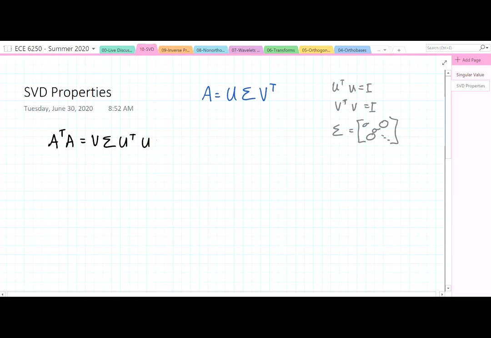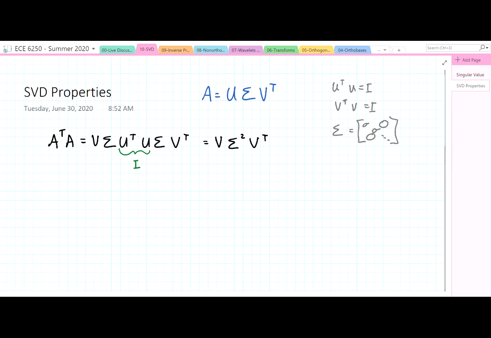And then multiply it by A, and this right here as we've already defined is going to be the identity matrix, so we'll get V sigma squared V transpose.